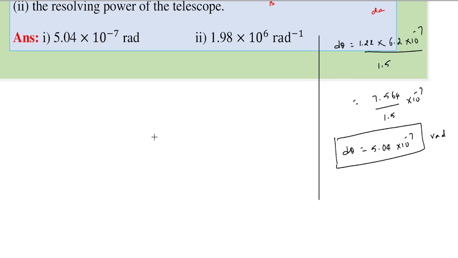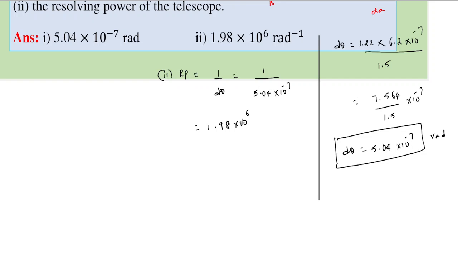Second part says find the resolving power of the telescope. Resolving power, which is called Rp, is defined as 1 by d theta, and that is equal to 1 by 5.04 into 10 power minus 7, that is equal to 0.198 into 10 power 7.